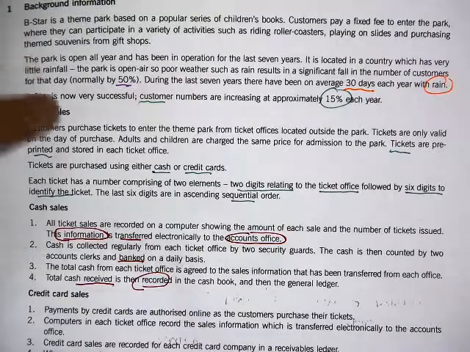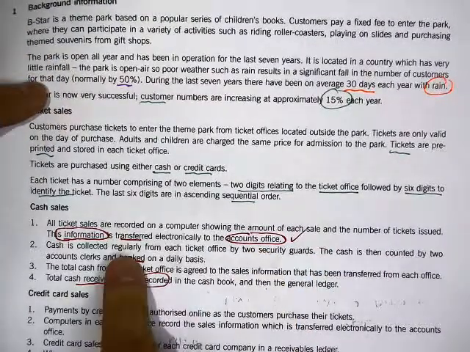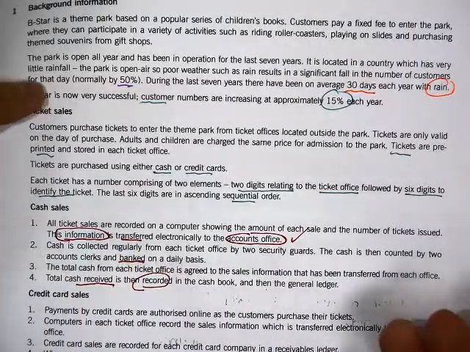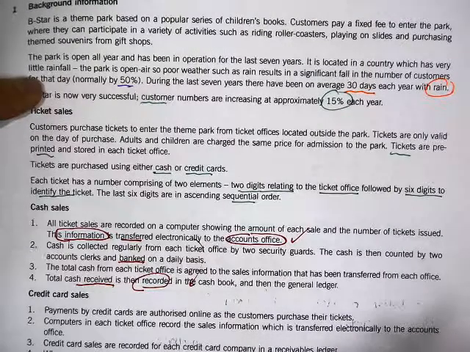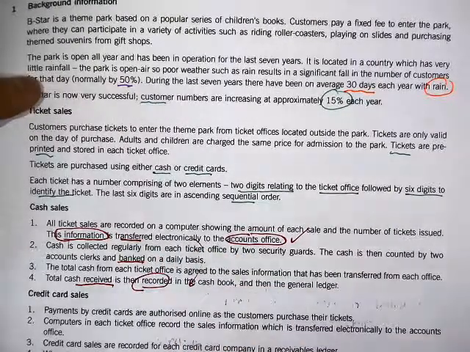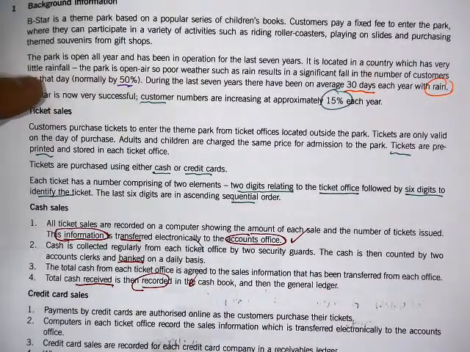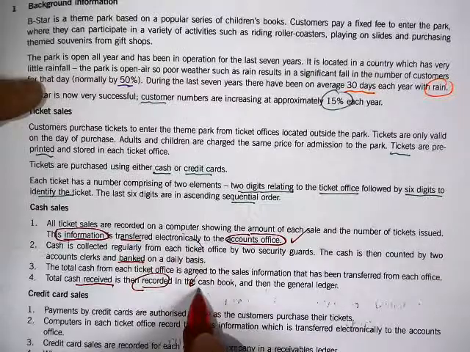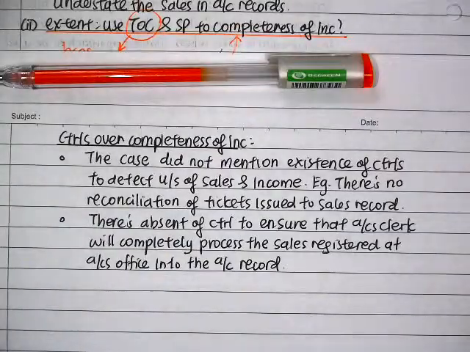Because if you're so sure that whatever you record in the ticket office is the sales, by right, you should just make this automated, right? It must go straight into the account, so you don't need to go through the accounts clerk. If you go through the accounts clerk, the accounts clerk can modify the record. But if it goes straight into the record, then the accounts clerk cannot do anything. Then if the accounts clerk cannot do anything, later, if the accounts clerk wants to take the money with the guard also, it is impossible. So this is the problem. Now, the case has been designed in such a way that the problems are there. So that's why we find that this control is not good.